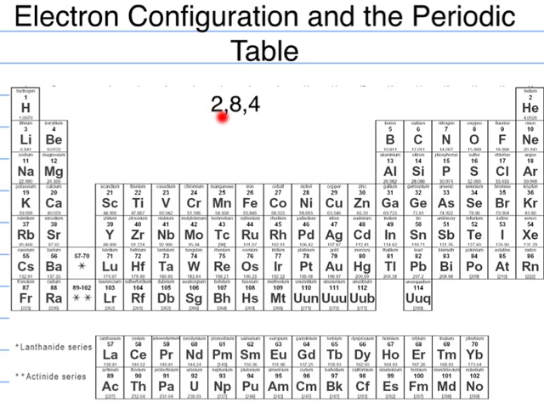So it's got 1, 2, 3 shells. So we go 1, 2, 3. So it's going to be in this period, and it's got 1, 2, 3, 4 electrons. So the atom that it is, is silicon. Okay, now you need to be able to do this for all of them up to calcium.